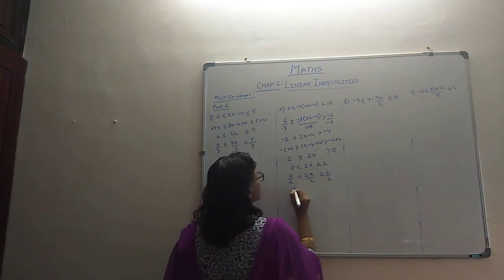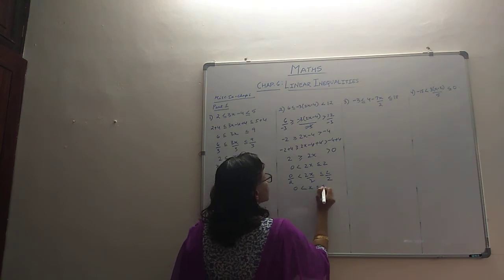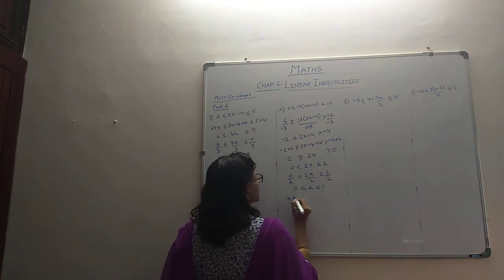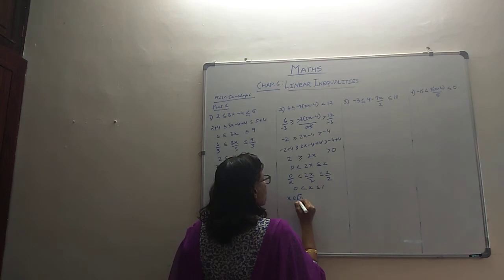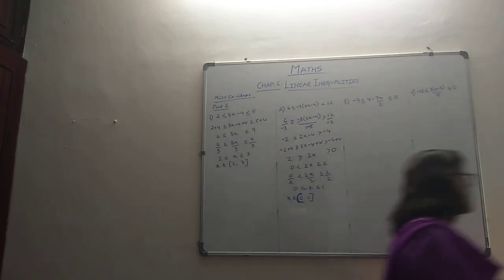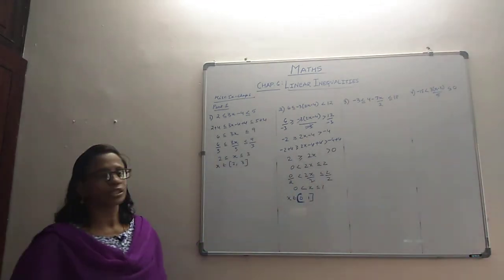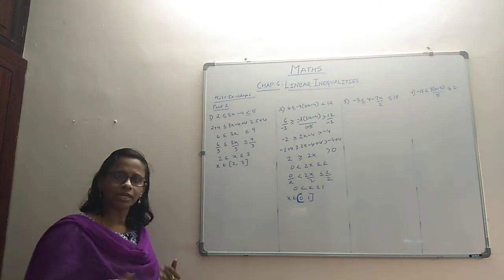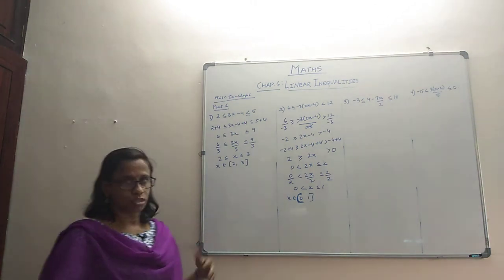So you have 0 less than x less than or equal to 1, and this means that x belongs to the open interval 0, closed interval 1. That is the solution for the second problem. Pretty simple. You just have to keep continuing to do your work on both sides.